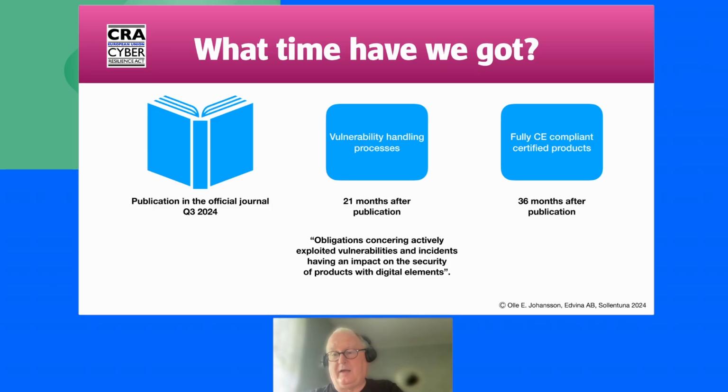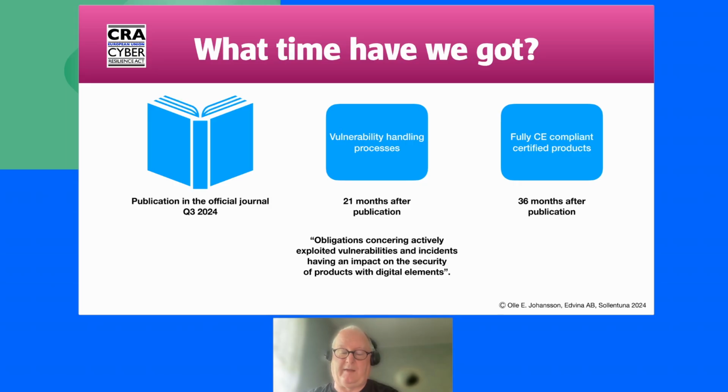During the summer now, lawyers and translators are working with the text to produce the final version in all the EU languages. And we expect, if nothing else happens, that the final approval will happen in the September-October timeframe by publishing the legal text in the official journal of the European Union.